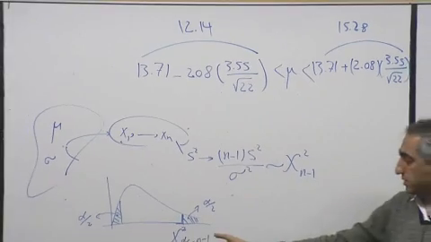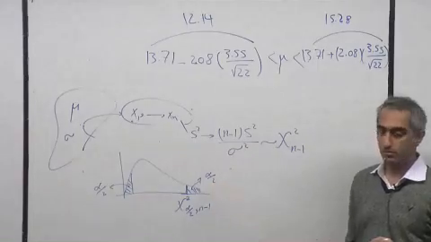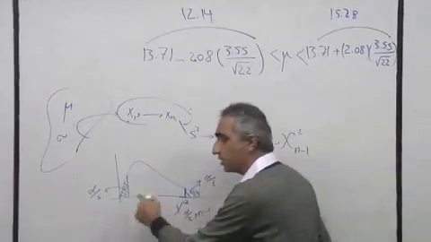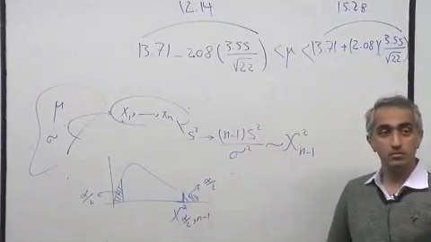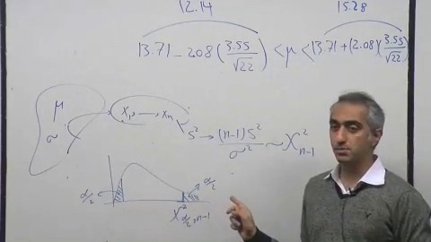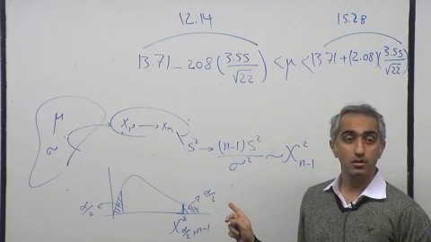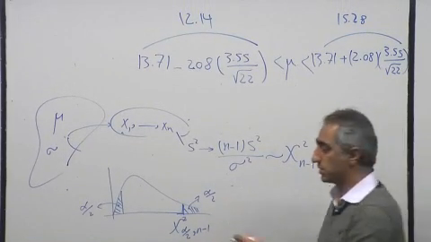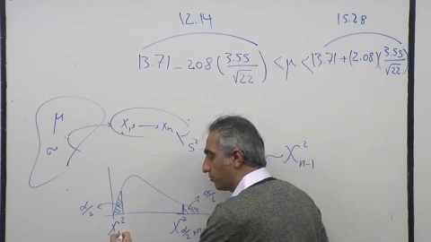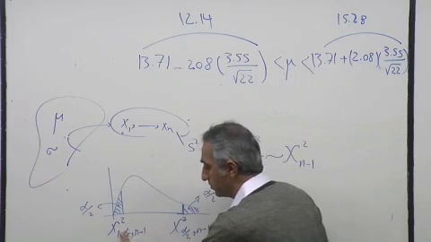Why? Because it's the point where the probability after this point is alpha over 2. Can you tell me what this guy is? It is the point where the probability after this point is what? 1 minus alpha over 2. So it's chi-square of 1 minus alpha over 2 and n minus 1 degrees of freedom. Okay?